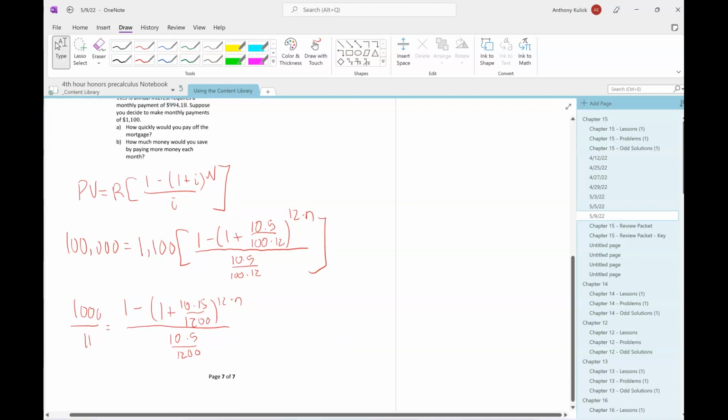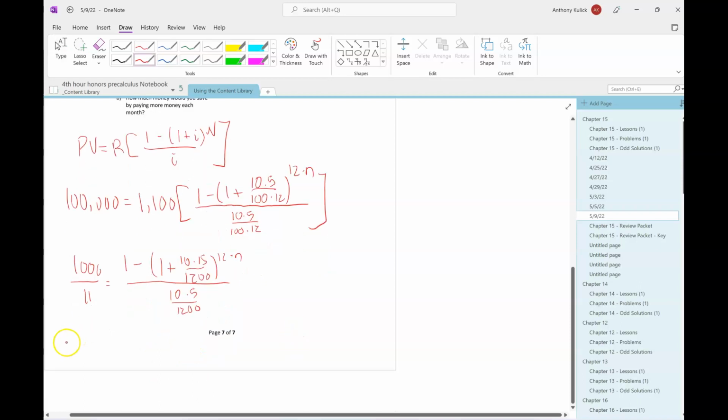Now I'm going to multiply both sides by the fraction in the denominator to clear that fraction out of there. Oh, yeah, it is. I think it is, right? Probably. We would have figured that out when we got negative time, you know?